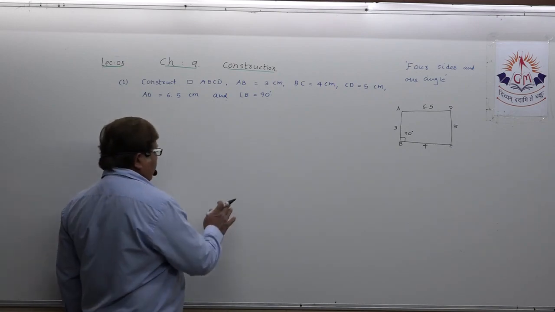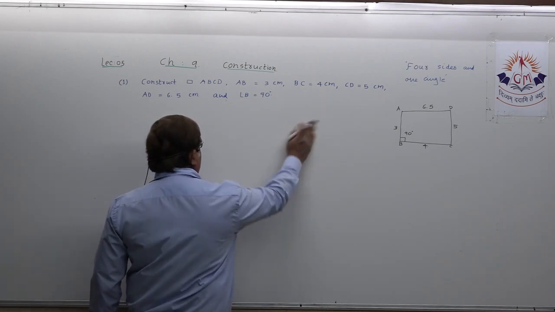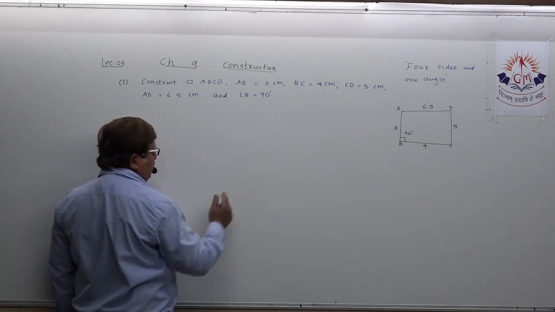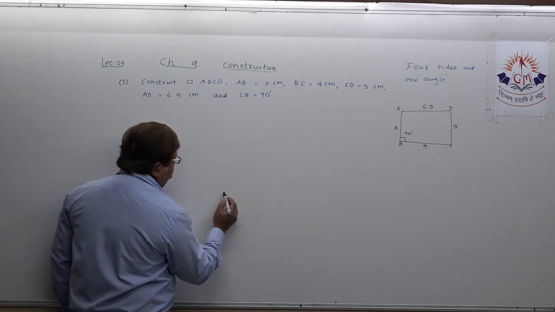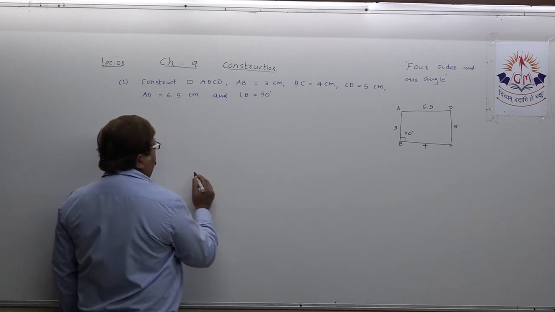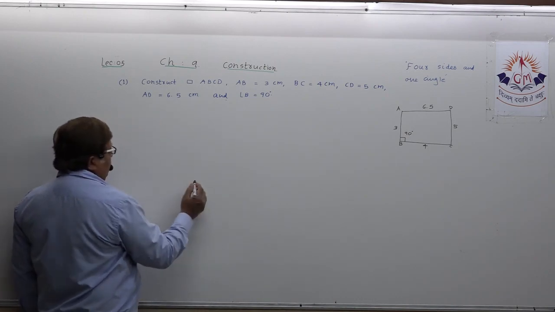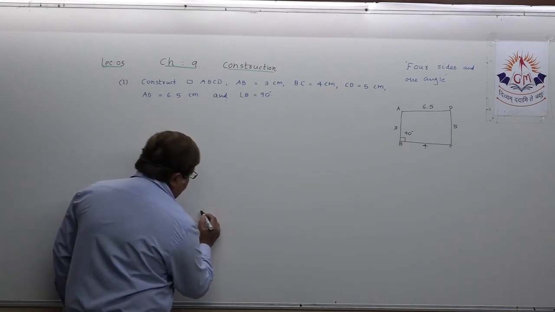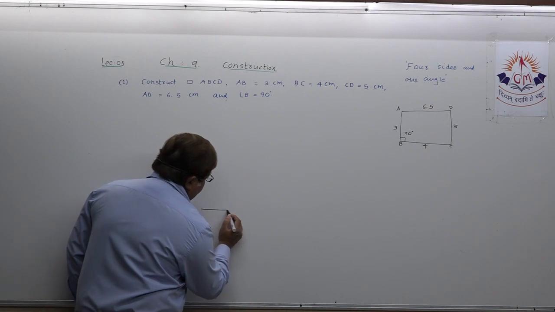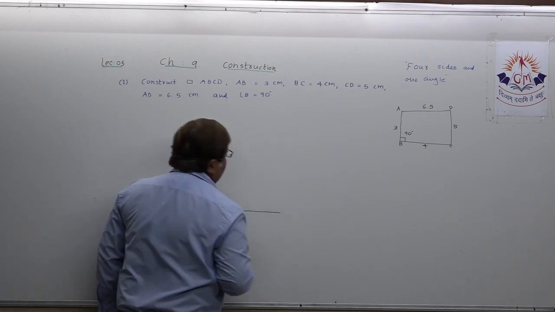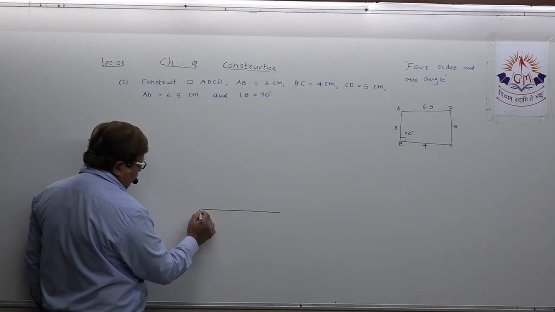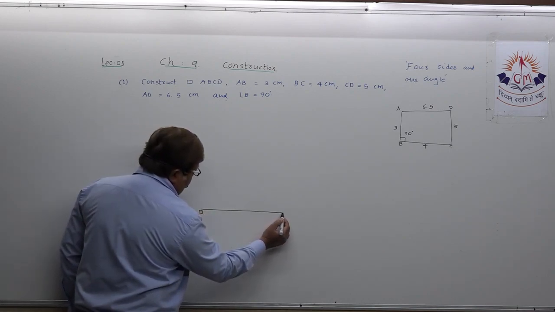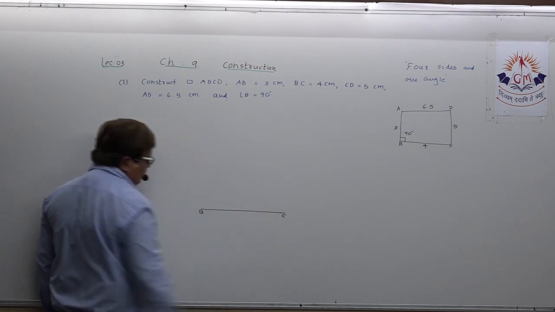Let us do it. You have ruler and pair of compass with you already. I am drawing here my way. First BC of 4 centimeters. Suppose I draw BC here of 4 centimeter. First you also draw with me BC of 4 centimeter.